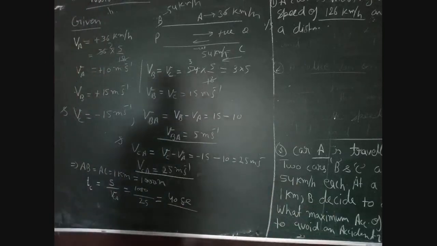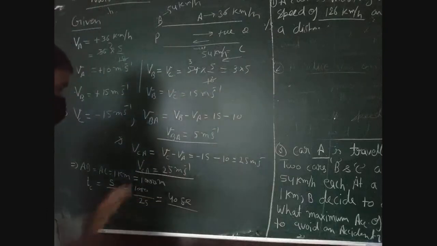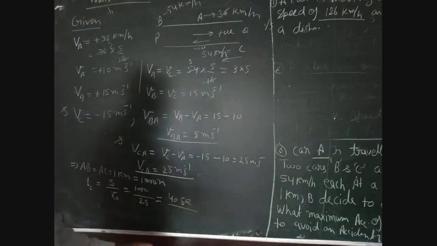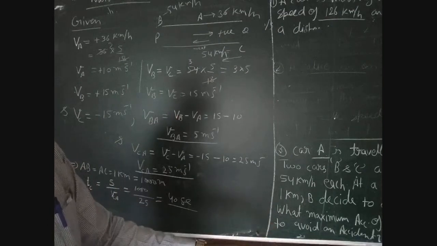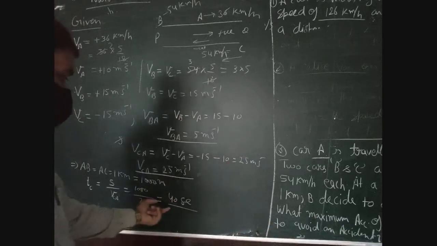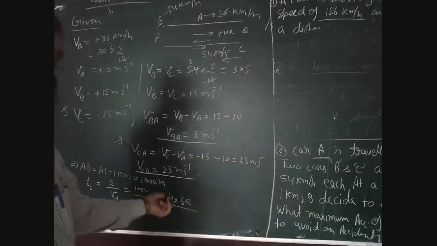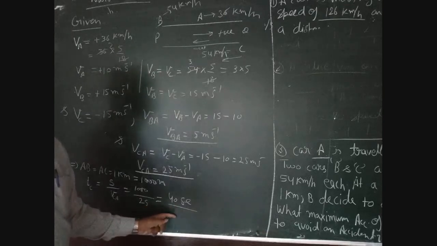Okay, but car B wants to overtake car A before this. So to overtake before this, car B accelerates by an acceleration which we need to calculate. We have the time. Car B has only 40 seconds to overtake.